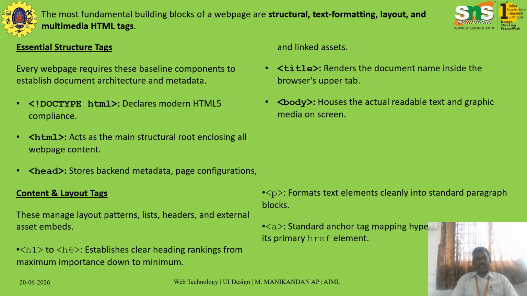Next is the paragraph tag, which formats text clearly into standard paragraph blocks. Then the A tag, the standard anchor tag mapping the hyperlink to its primary href element. Inside the anchor tag, whatever link we give, if we click that link, it will map to some other page.